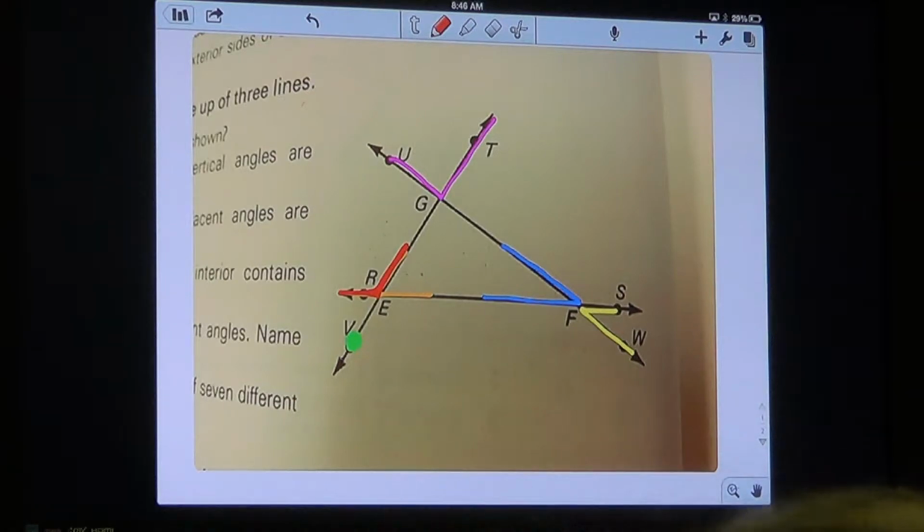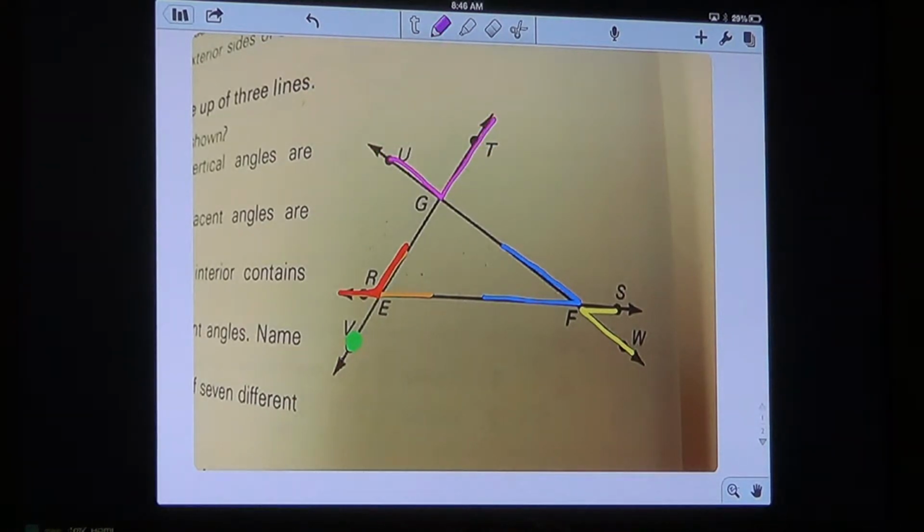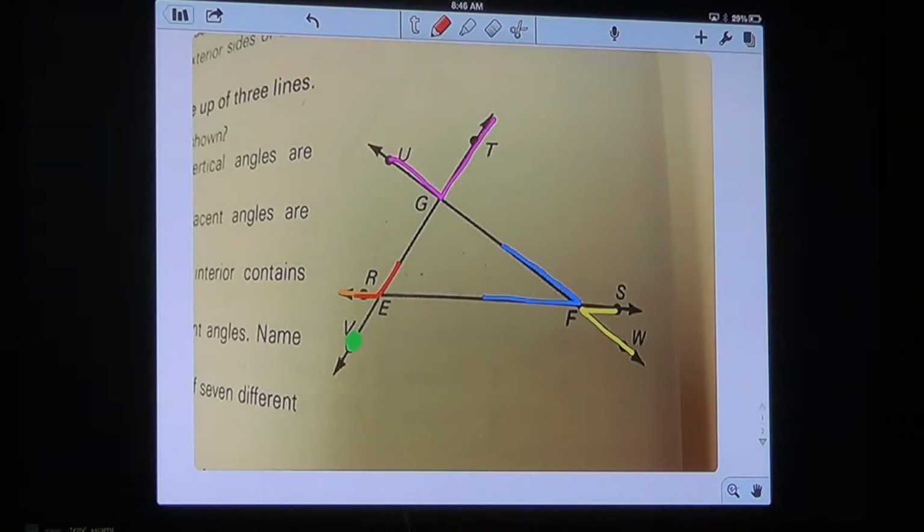Madeline? GRS. GRS would be the same as, that's this angle right here, right? Oh, so we already did name that one. Aaron? I was just gonna ask, what's the angle of the blue mark?